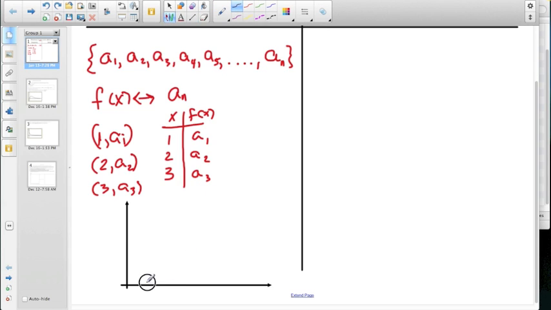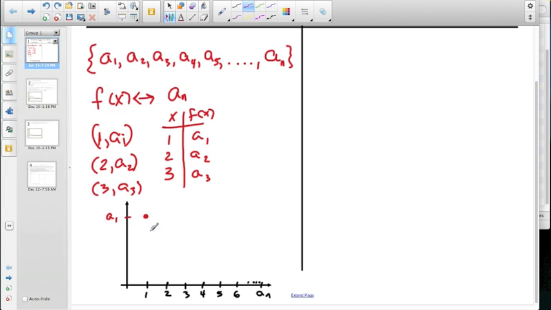So if this is our first location, this is our second location, this is our third location, and so on, then we have that specific value a sub 1, and we'll just call it maybe right there.